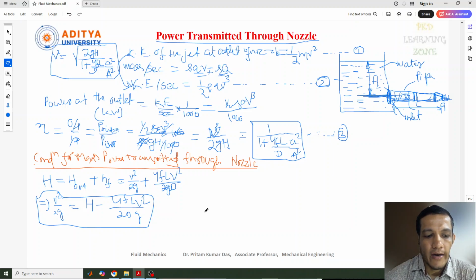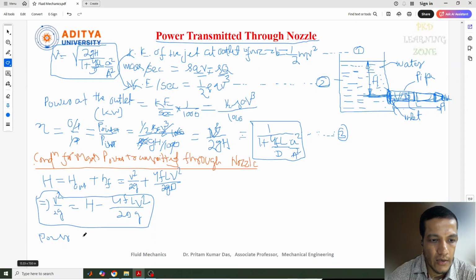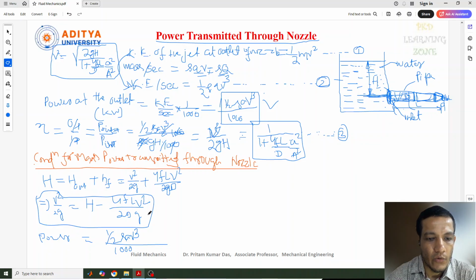Now we need to find out the power transmitted through the nozzle. We have already found previously that the power transmitted through the nozzle equals 1 by 2 rho A V Q by 1000, as the outlet condition. Here we will put the value of V² in this equation.